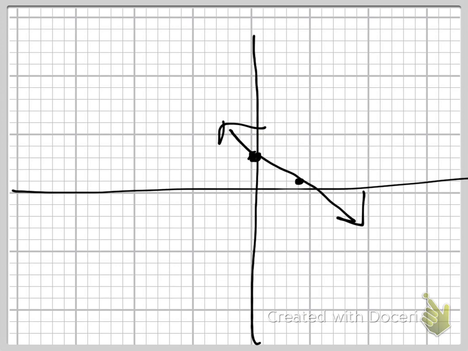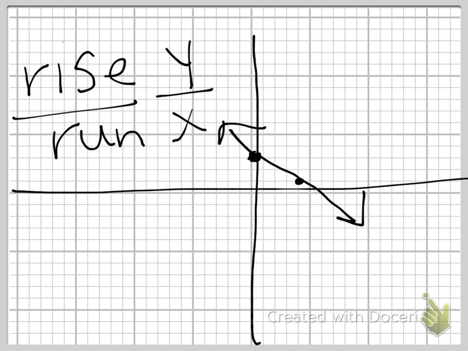Remember, when we find the slope, it's rise over run. So it's always y over x. So how much we go up or down, and then how much we go to the right. And again, remember, you always start at the leftmost point. So I'm going to start here. Obviously, I'm going down. This is a decreasing line. I'm going down to get to my next point.